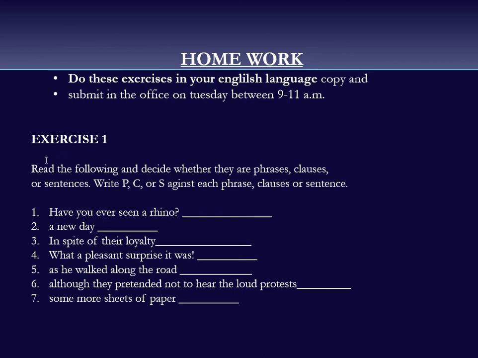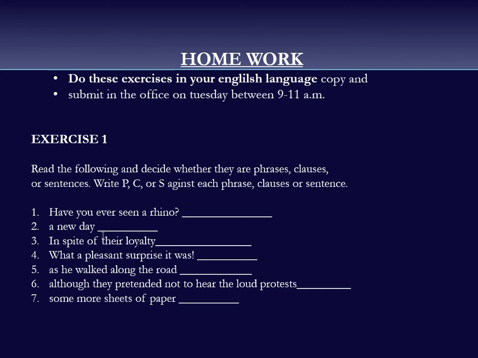Here is one exercise. Read the following and decide whether they are phrases, clauses or sentences. Write P, C or S against each phrase, clause or sentence. We have done one exercise like this in the lesson, so this should not be a problem for you. The sentences are: Number 1, have you ever seen a rhino?